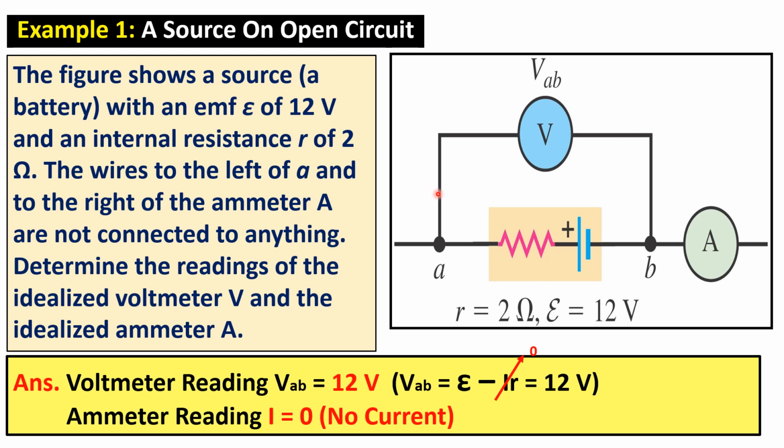Before we proceed to example number 2, I just have one thing to emphasize in this circuit. I mentioned earlier that there is no current that will flow. There is no continuous flow of charge from the positive terminal of the battery to the negative terminal.